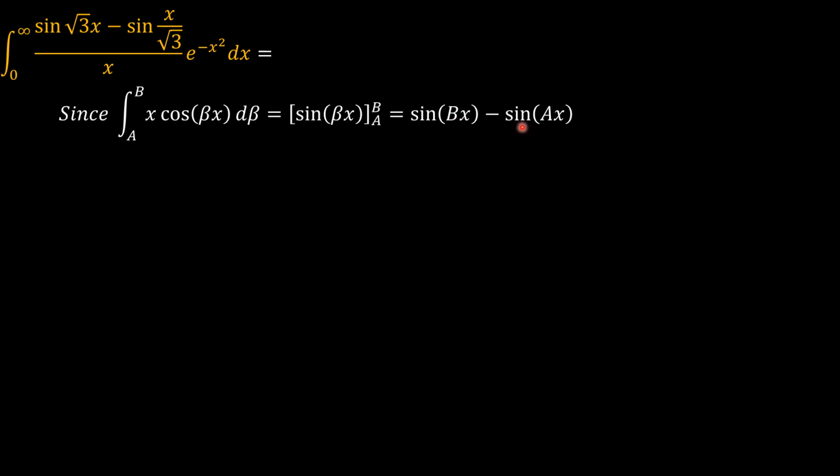So in other words, what we have here is the integral from t equals 1 over root 3 to t equals root 3 of x cosine xt, and we're integrating with respect to t.